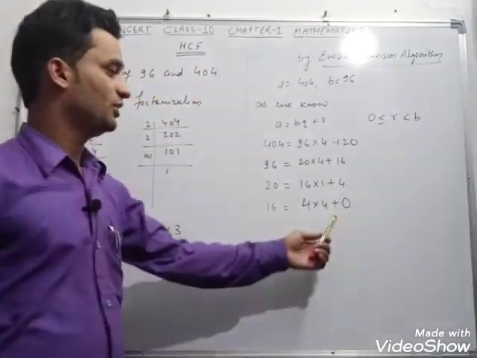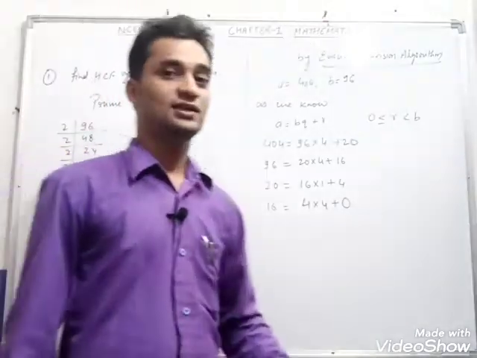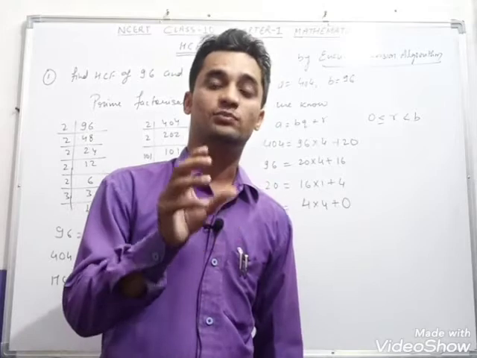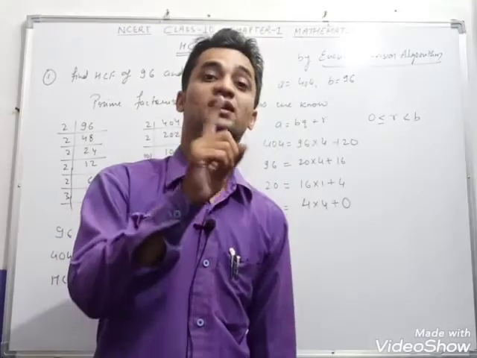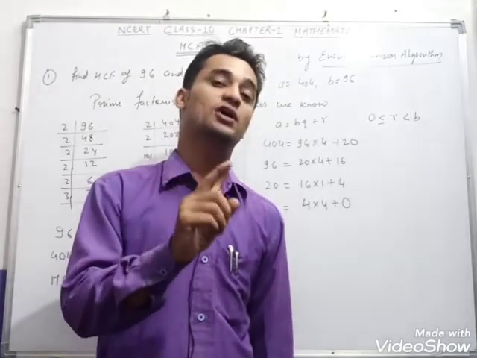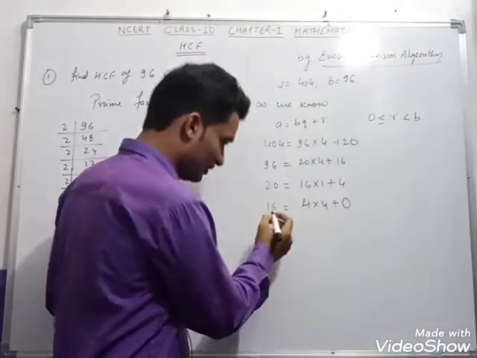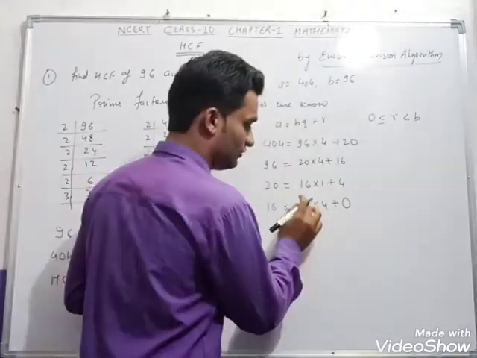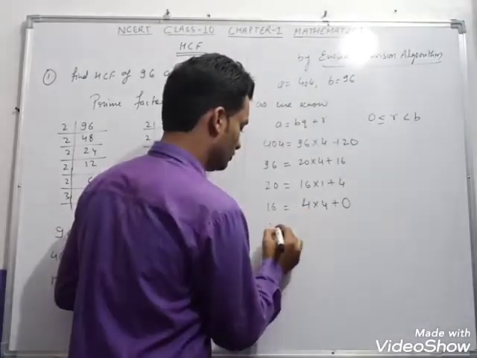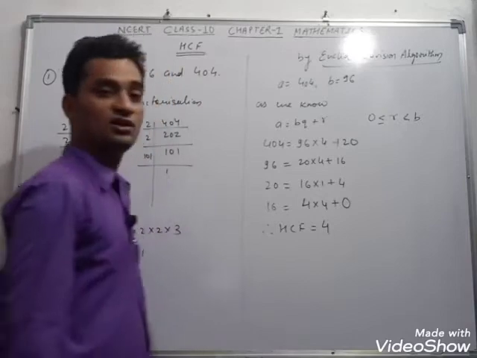So now your remainder has become 0, and I said in the last video, in whichever step the value of R is equal to 0, the divisor of that step will be your answer. So if you compare A equal to BQ plus R, the divisor is B. So therefore HCF must be 4.